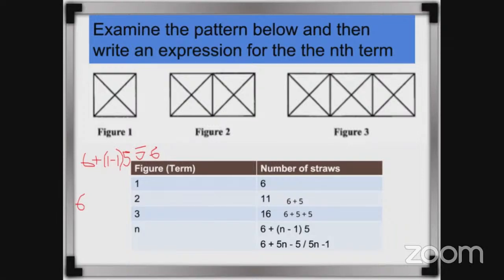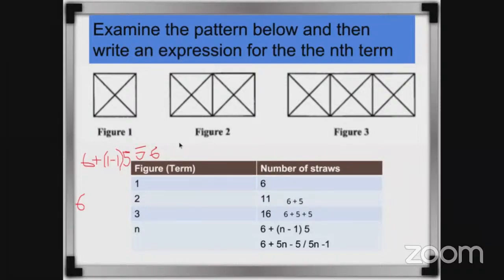So 0 plus 6 is what? Yes, that's what I just said. That's what I was asking. Is it that when you minus the 1, you have 0 and you multiply the 5 by that 0, that leaves you with the 6? Yes. Okay. Thank you. You're welcome. All right.